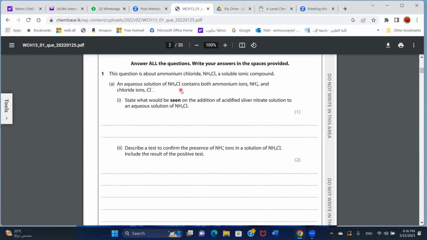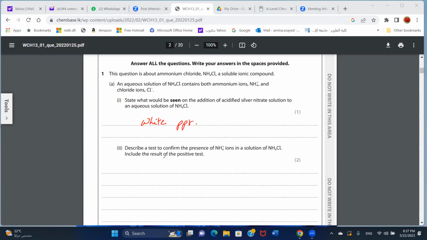An aqueous solution of ammonium chloride contains both ammonium ions and chloride ions. State what would be seen on the addition of acidified silver nitrate solution to an aqueous solution of ammonium chloride. Alishba? It would be a white precipitate. Yes, excellent. A white precipitate.